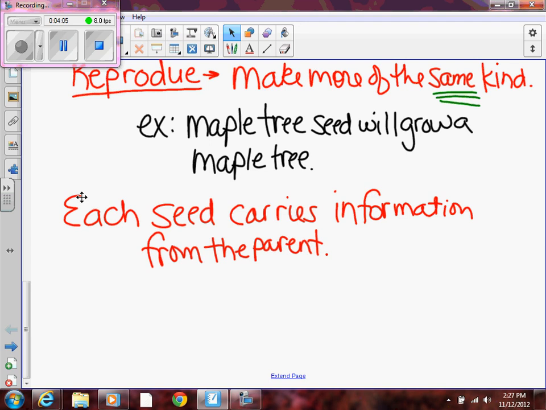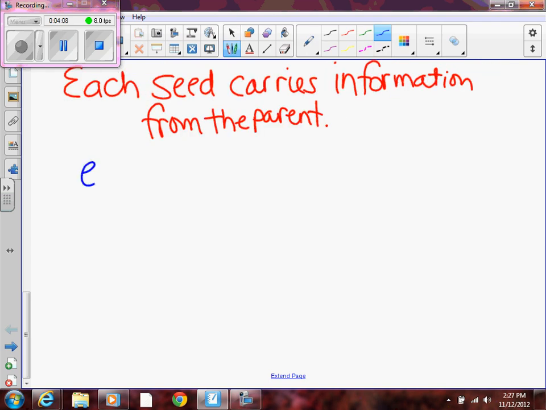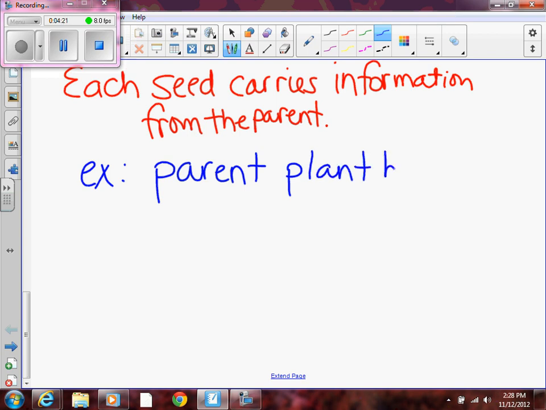If I have a parent plant, if the parent plant has purple flowers, and we know that each seed carries information from the parent, what would you expect those seeds from the parent plant, when they grow into new offspring, what color flowers would they have?